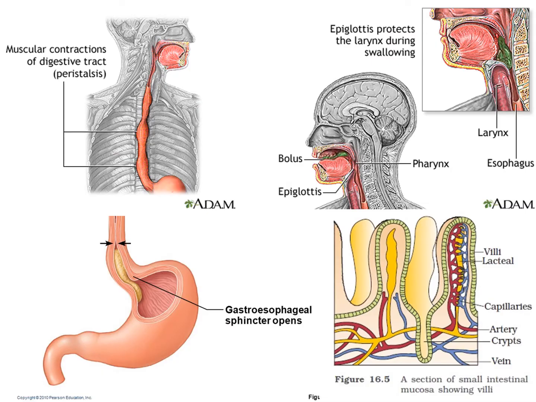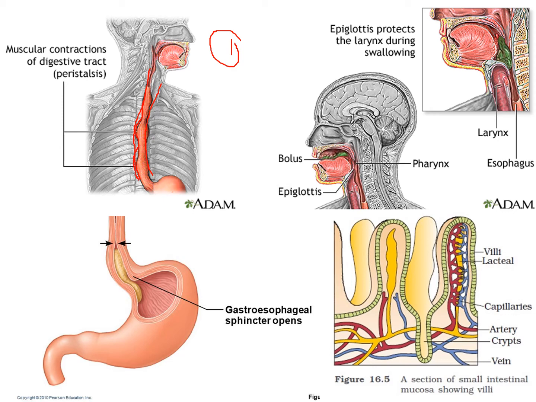Here we'll observe a few more parts which would help us in understanding digestion in humans better. In this first diagram, we see the peristaltic movement in the esophagus, which will push the food down to the stomach. In the second figure, we see the pharynx.